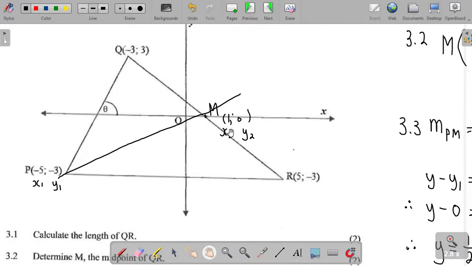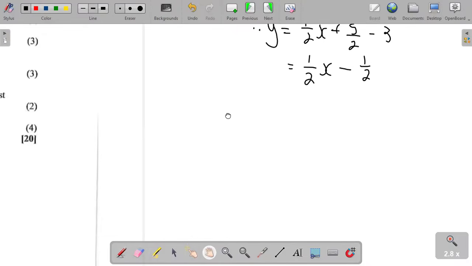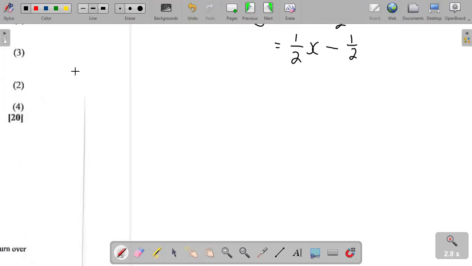So it means that for 3.4, the first thing that we know is that the center is 1 and 0.